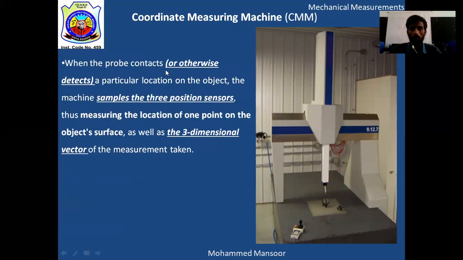When the probe contacts, that is, when it detects any particular location on the object, the machine samples the three position sensors, which measure the location of one point on the object's surface.